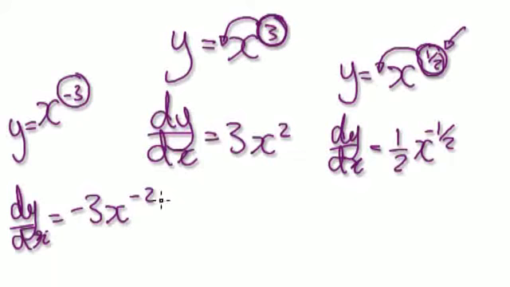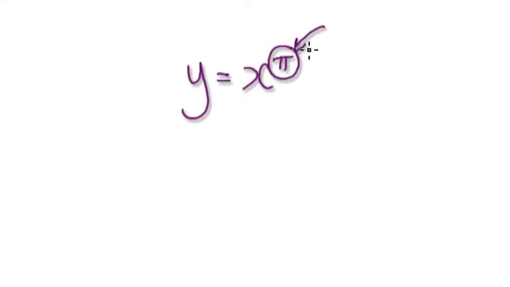Now, what we haven't seen is what happens in the case of, let's say, x to the power of something that cannot be expressed as a fraction. Let's say pi. We haven't seen it in the case of it being an irrational number. By using logs, you can actually see why it will still work in the case of it being, let's say, pi.